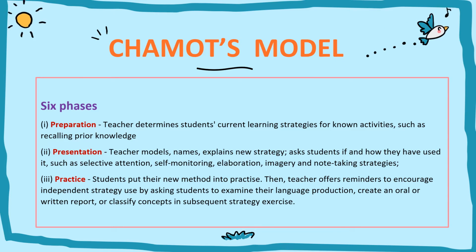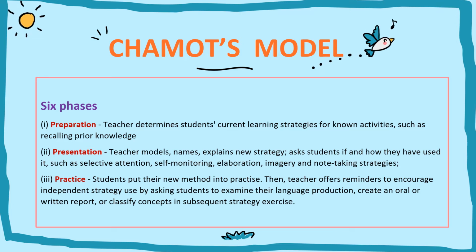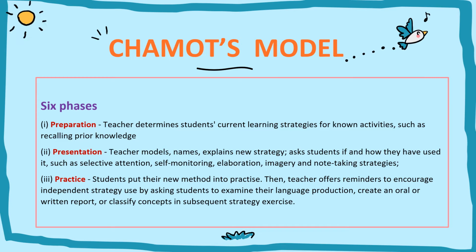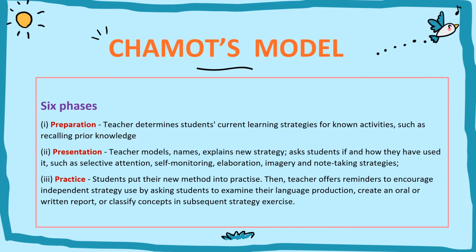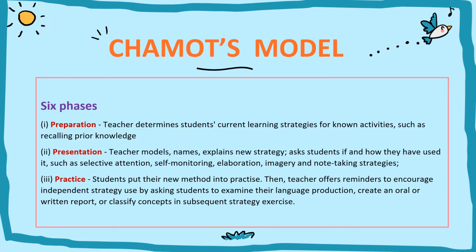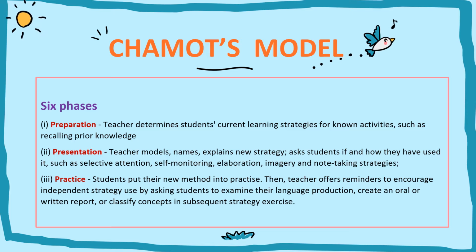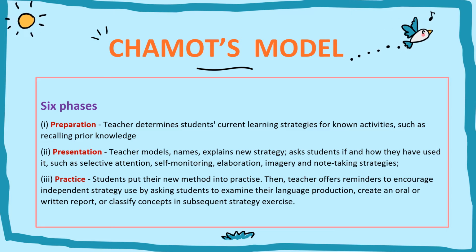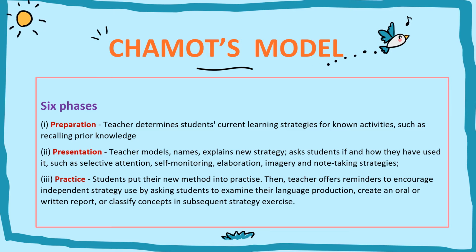Second is presentation. In this stage, teachers model, name, and explain new strategies, and ask students if and how they have used them, such as selective attention, self-monitoring, imagery, and note-taking strategies.